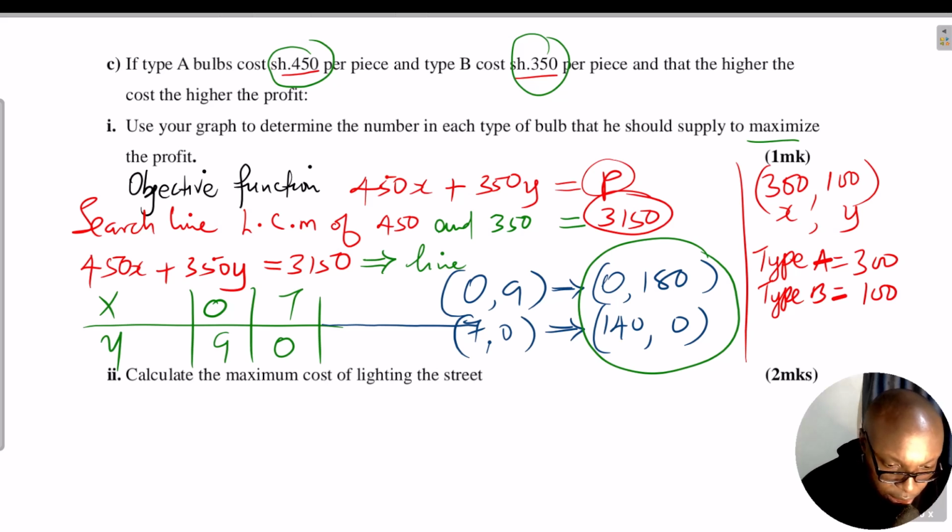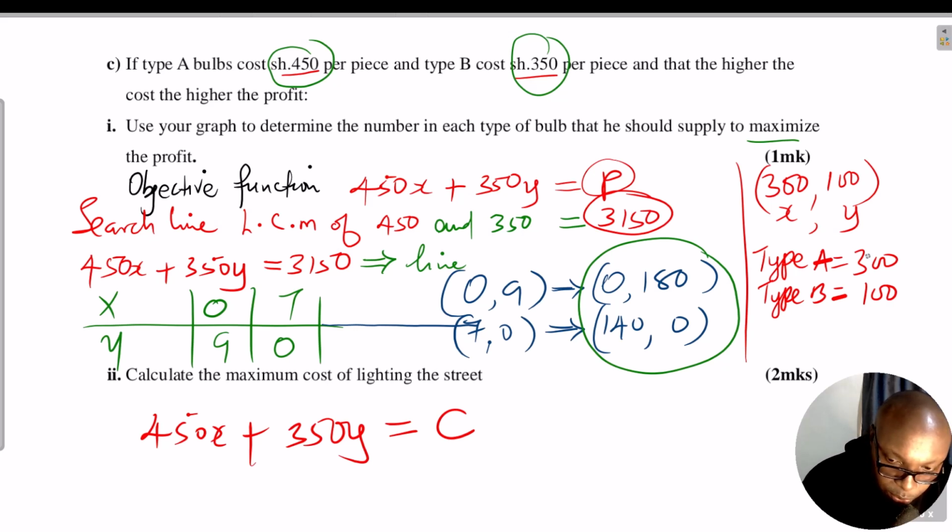Then the last one is to calculate the maximum cost of lighting. Now that we have the bulbs that will give us the maximum profit, we simply need to take the objective function, 450x + 350y, which equals the cost or the profit. And for the bulbs we obtained, 300 and 100, you just need to substitute them. 450 where x is 300, plus 350 where y is 100.